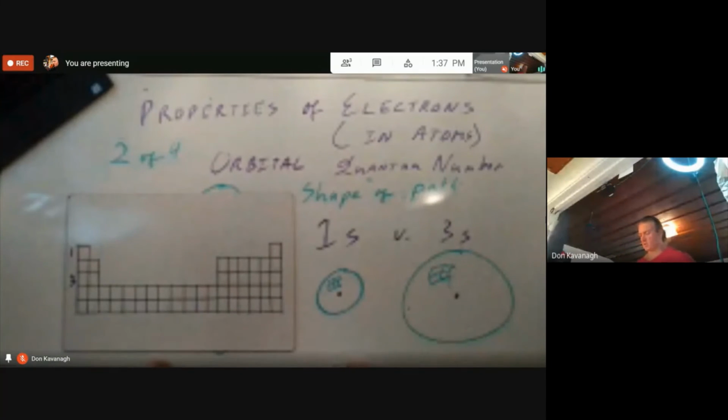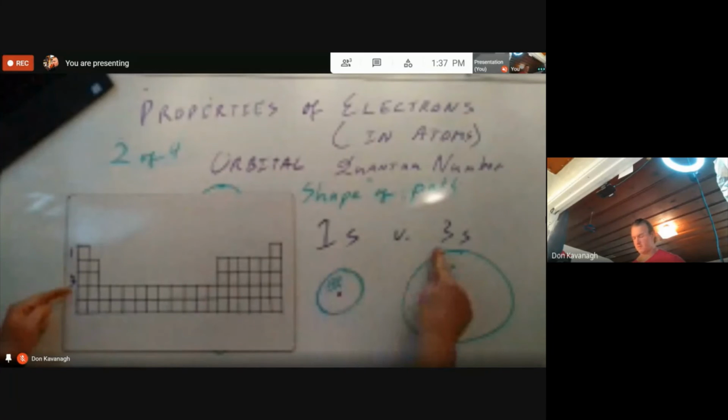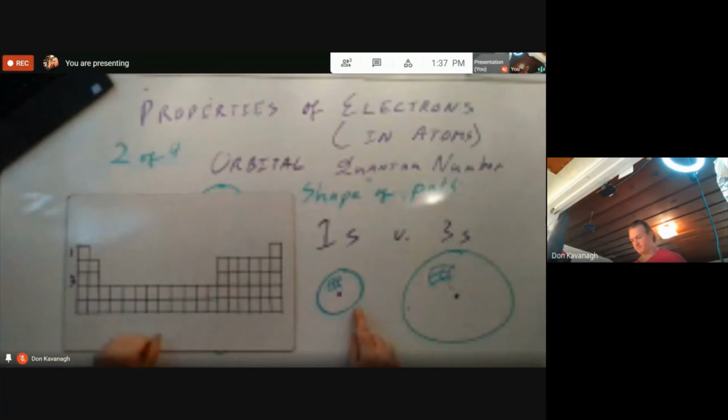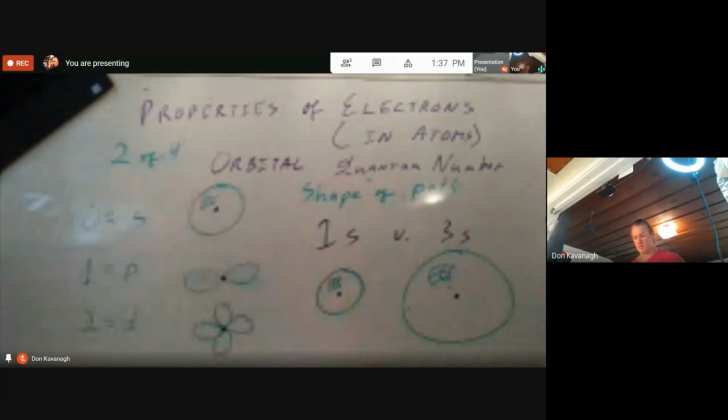The first number tells us the average distance from the nucleus. The second quantum number, the S, tells us the average shape or the path right there. S's and P's are what we're going to use mostly.